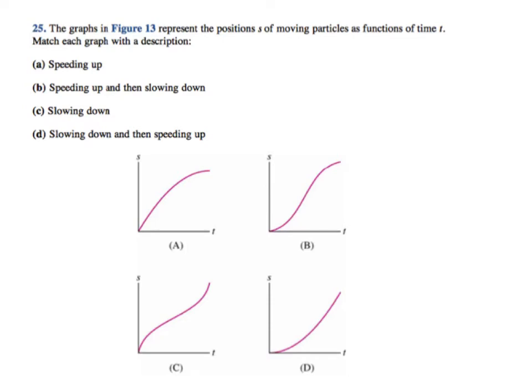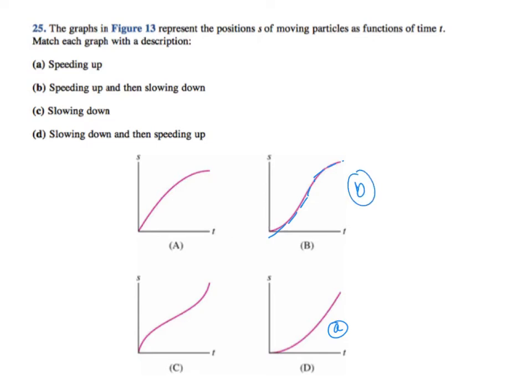So this was just an example from your homework where we were matching graphs in terms of speeding up, slowing down, etc. If we were to take a look at the graph that shows that we are speeding up consistently, we would match that down here with graph D. Something that is speeding up and then slowing down: if I look at B, I'm getting steeper, but then I'm getting less steep.